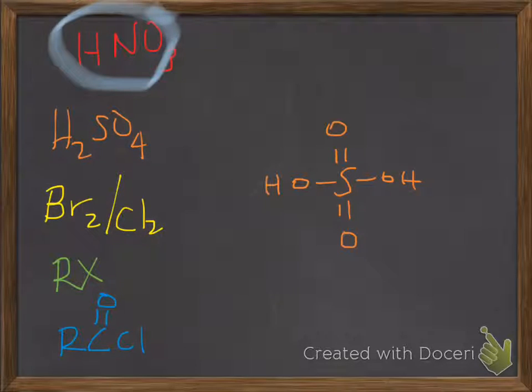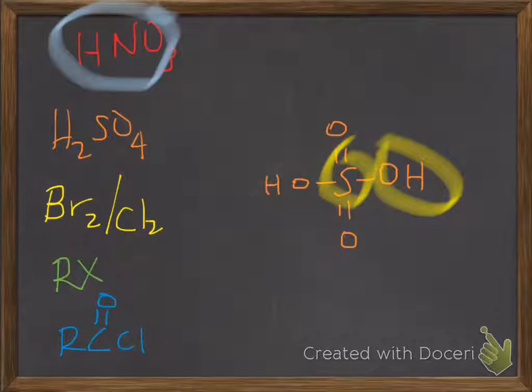And then just think about what portion of sulfuric acid is delta plus, and what portion of sulfuric acid is delta minus? So just think about it for a moment. Which is more electronegative, a sulfur or the oxygen?